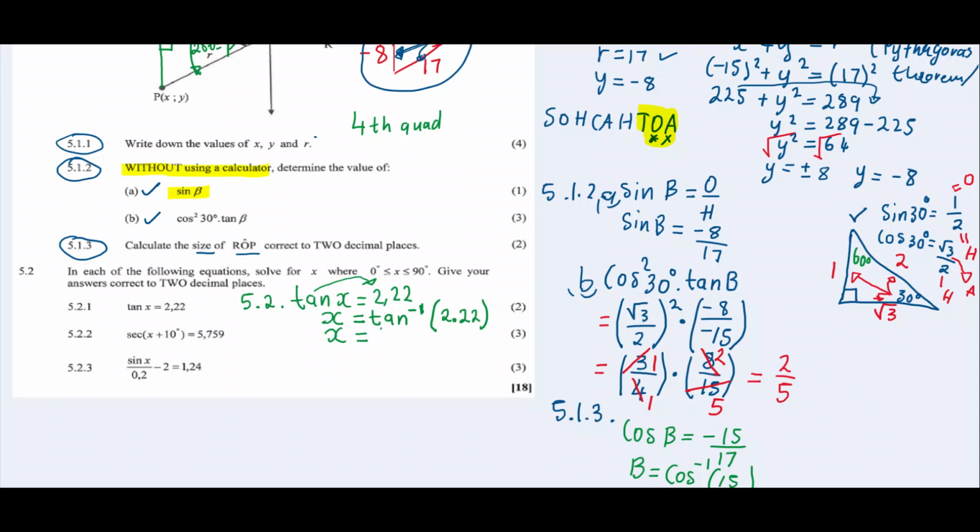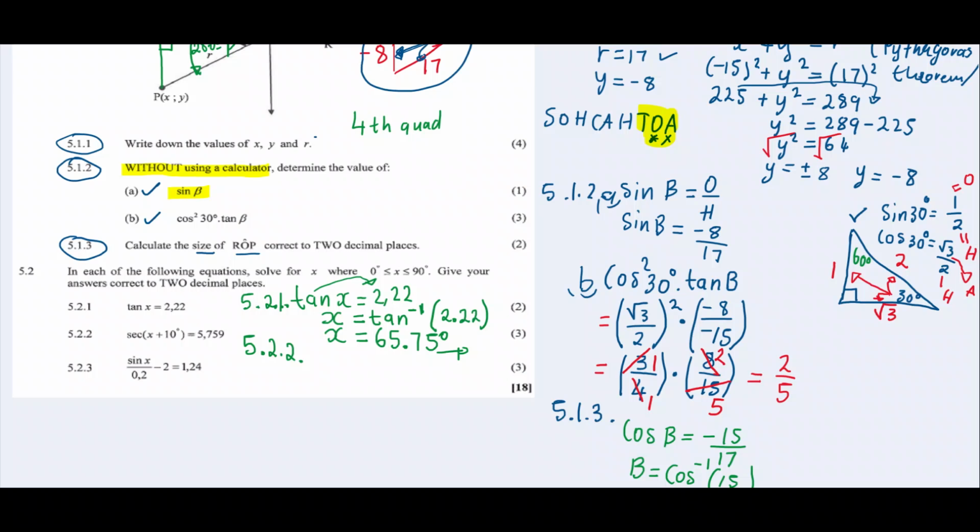You will see that it gives you the x value as 65.75 degrees. So that is the angle of x we get for the tan, right?